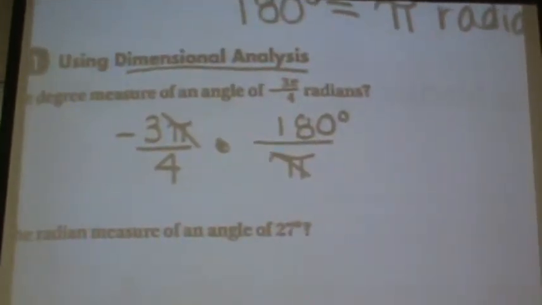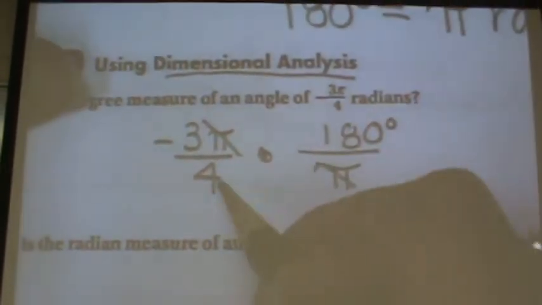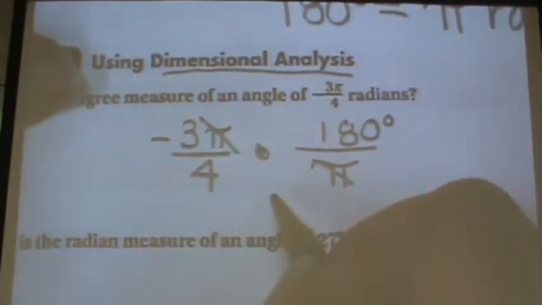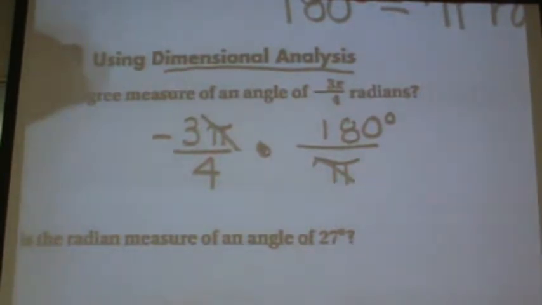So now, how will I figure out what -3/4 is equal to? How many times does 4 go into 180? You want to reduce this fraction, in other words. You could multiply across, but that's too much work. How do you reduce this fraction?